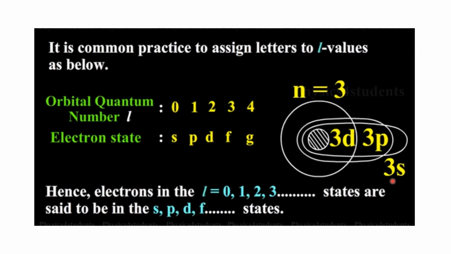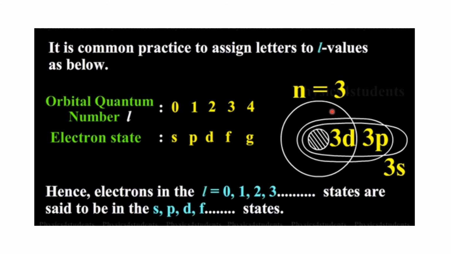Then the next value is 1, that is 3p, then 3d. So when an electron is in the third orbit, the possible L values are from 0 to n minus 1, which is equal to 2. So the possible values are 0, 1 and 2. So three values are possible.